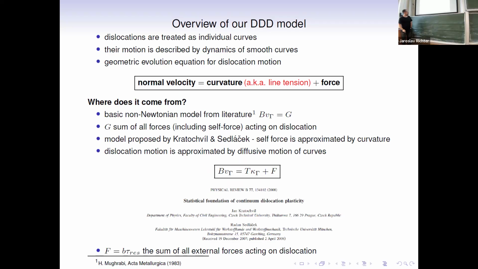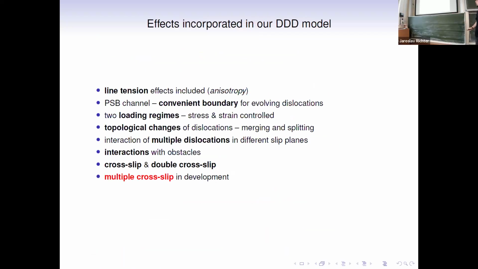So some mathematical analogy. Here, as I commented, B stands for the drag coefficient, T stands for the line tension coefficient. So in the end, they approximated the motion of the dislocation by this diffusive motion of curves. And this is what we are working with.